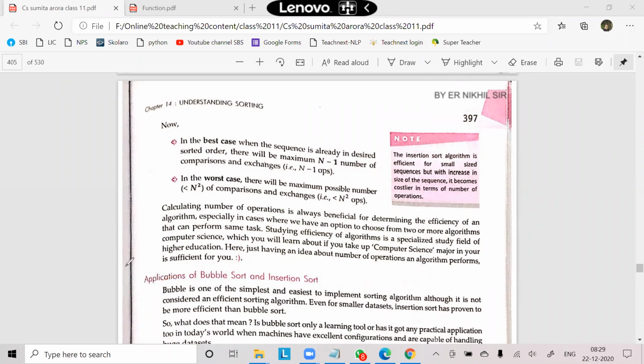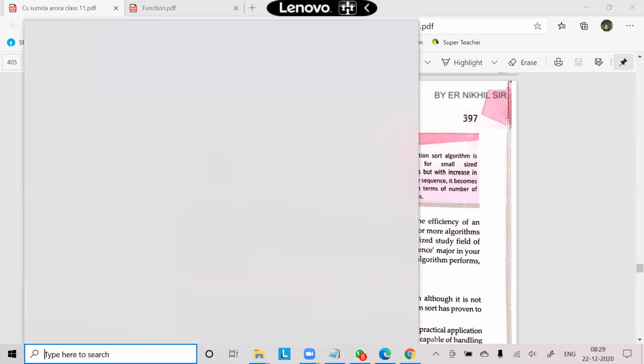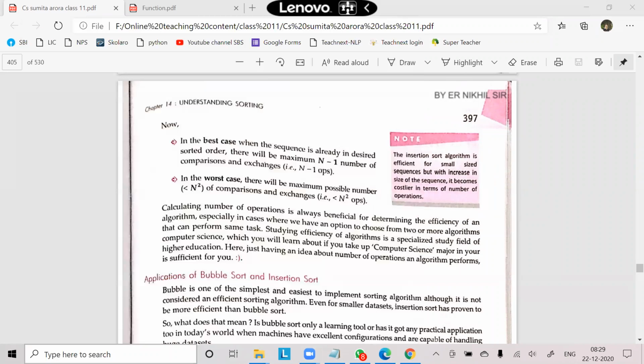So chalo, one work, I'll just give it. Let me open a word for you. Keep your notebooks ready, everyone.